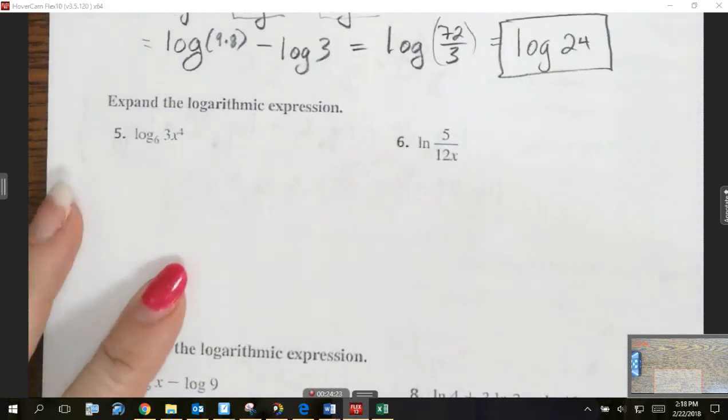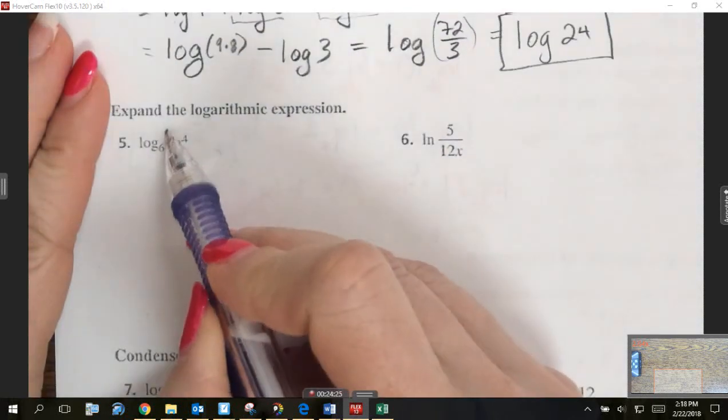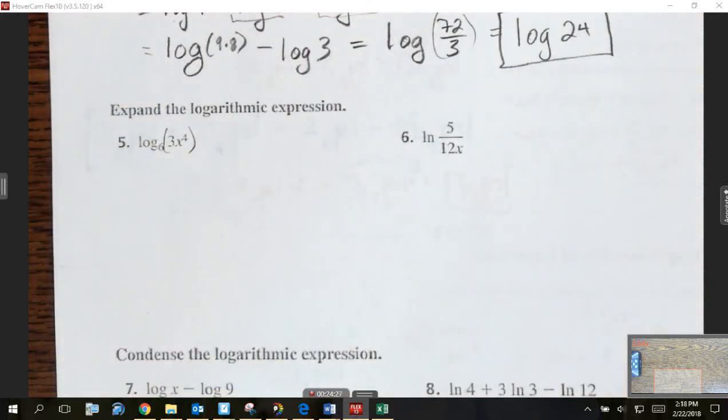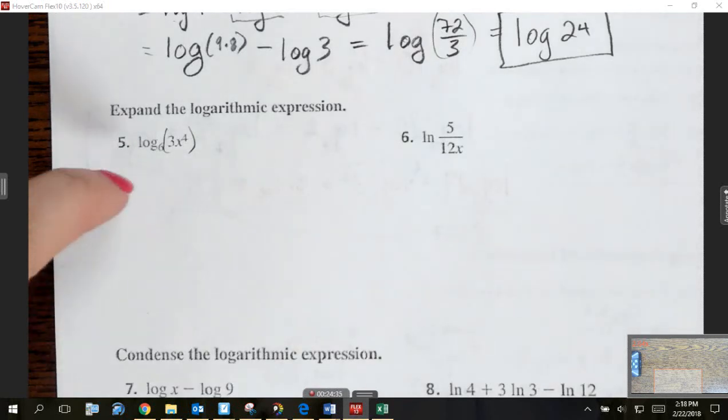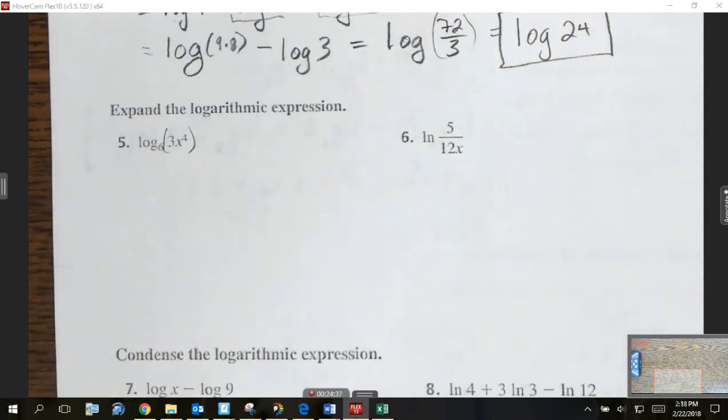Okay, so number 5. When you look at log base 6 of 3x to the 4th, what's the first thing we have to undo? What's the last thing done, order of operations? So I have 3x to the 4th. Do I do multiplication, or do I do exponents first? Exponents. So then what do I have to expand out first?